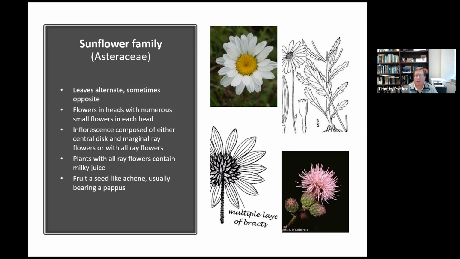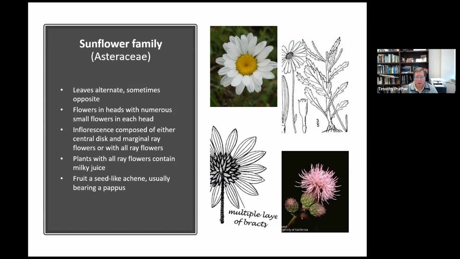And so when you take a look at the common sunflower that you might grow in your garden, it is actually a collection of a lot of different flowers rather than just a single big flower. And they can have what are called a central disc flower and ray flowers, which is what we see here.